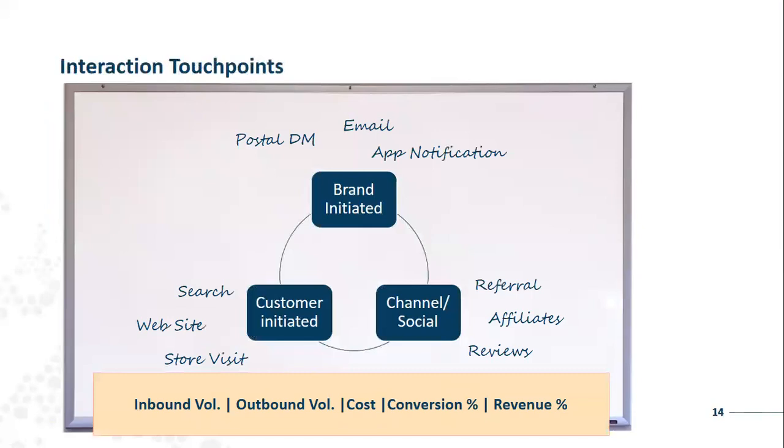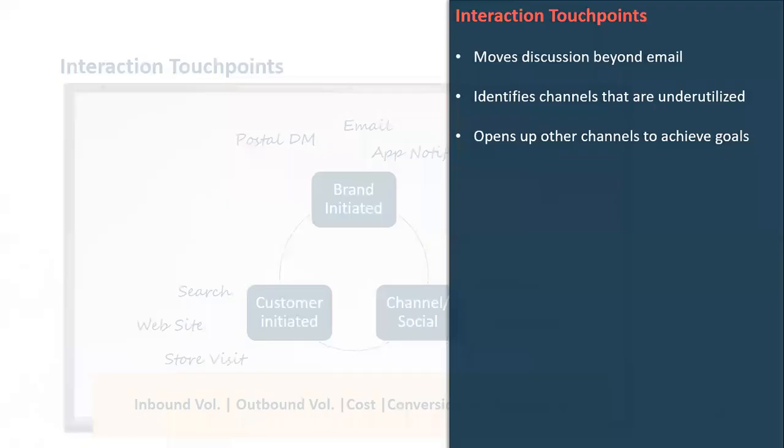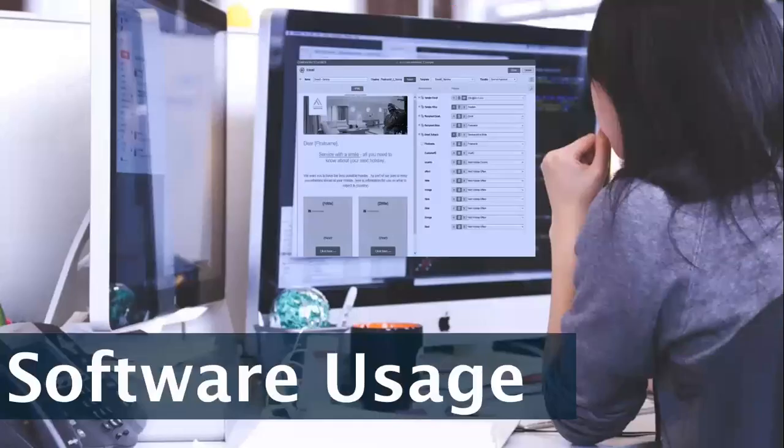And for each of those, identifying where the inbound, outbound volume is, and then the cost conversion and revenue contribution that each of those brings. And then it allows you to highlight where there's any potential opportunity where you're not maximizing the most out of the channel that's potentially really responsive, but it might not be something you're addressing directly as a marketer, but your customers are.